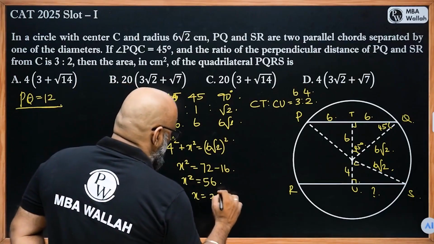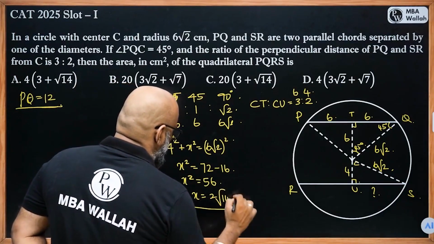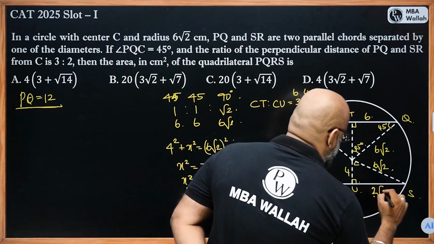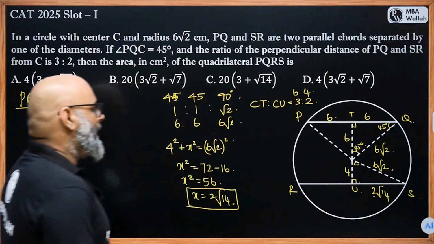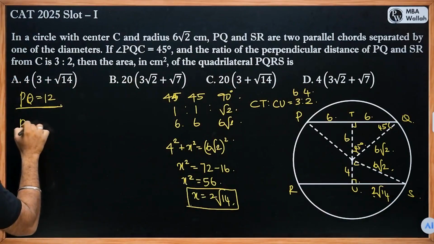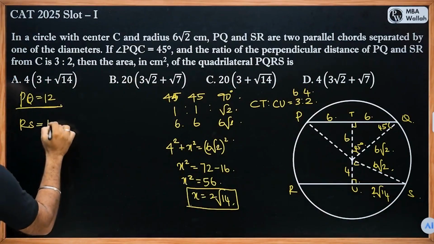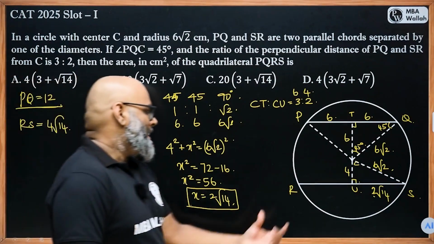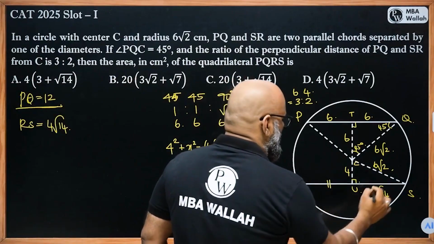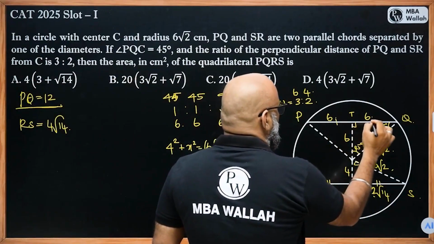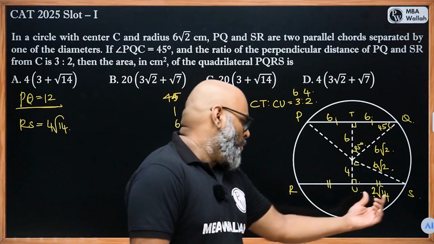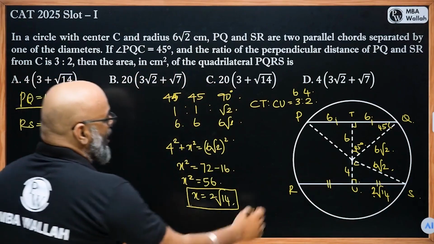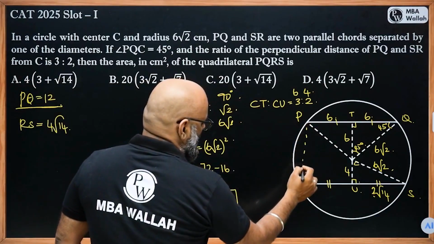So this will become 2√14. So this US will be 2√14. So from here I can say RS is going to be 4√14. How? This is half. These two are equal. Similarly, these two are equal in length. So 2√14 twice is 4√14.